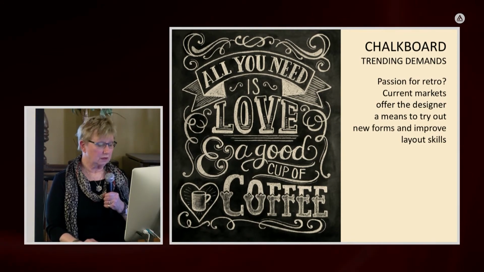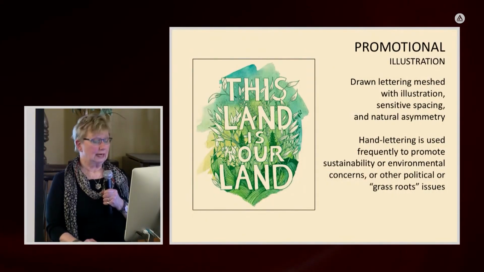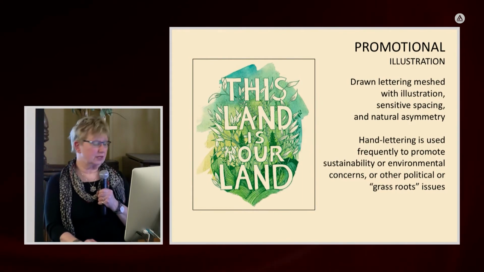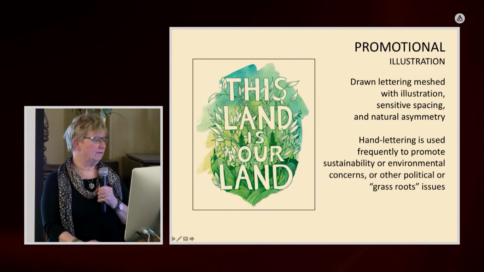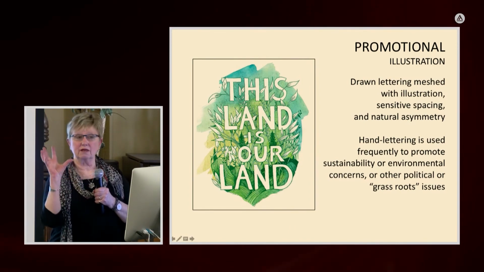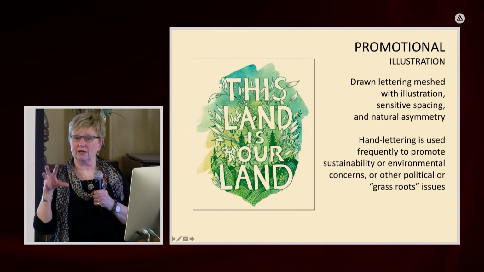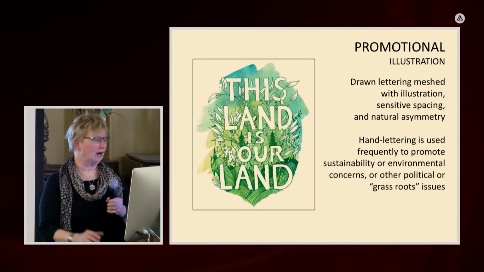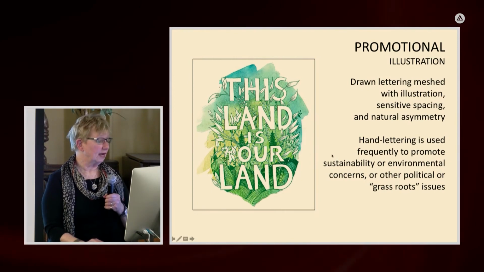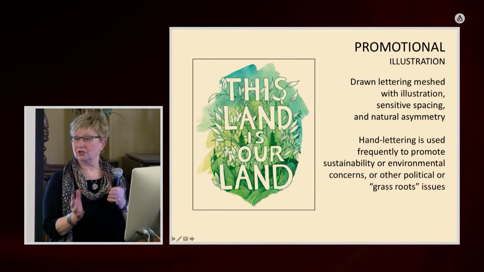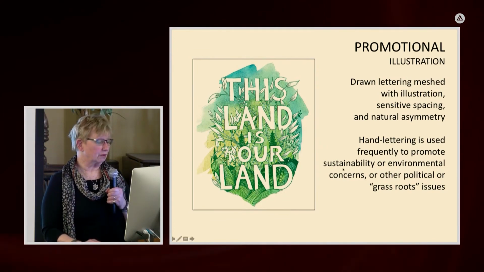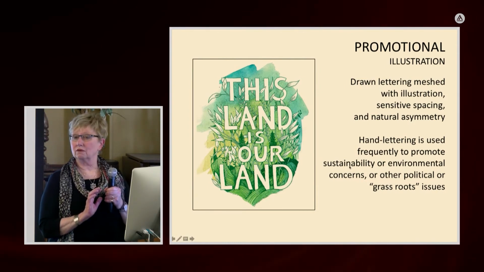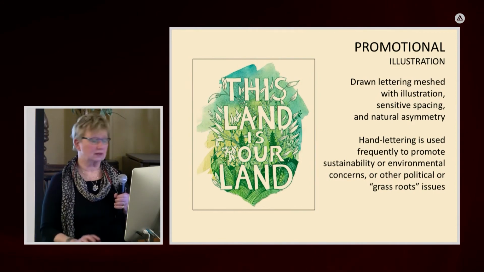So this particular illustration's for Keen footwear, and it just illustrates the idea of blending your illustration with letters. The leaves actually wrap around, and then you have the choice of that kind of feeling, natural sustainability or environmental type of things lend themselves to hand-drawn letter form.